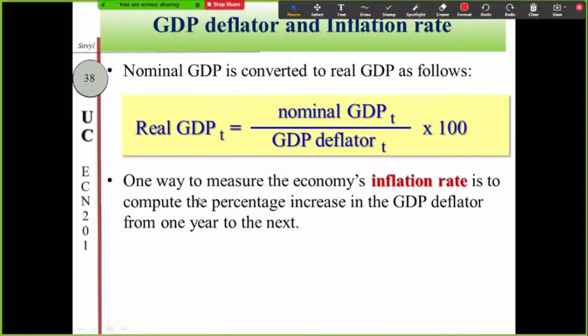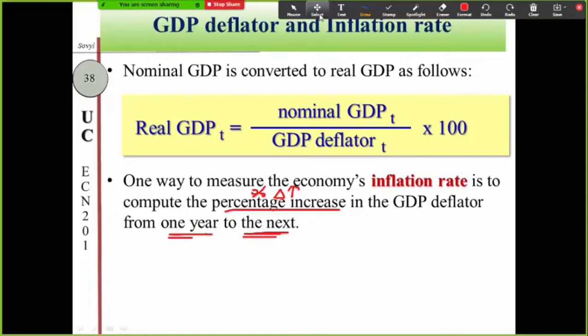One way to measure the country's economy inflation rate is to compute the percentage change, or percentage increase, in the GDP deflator from one year to another year, from one month to another month, from one quarter to another quarter, from one semester to another semester.